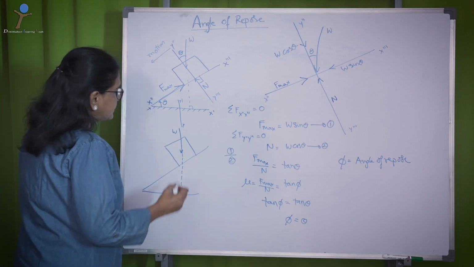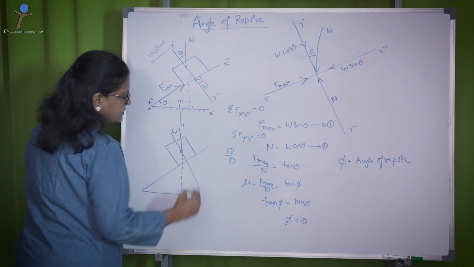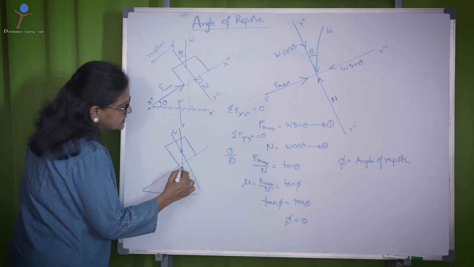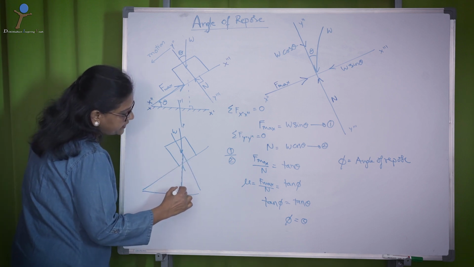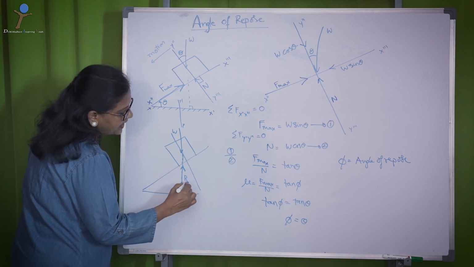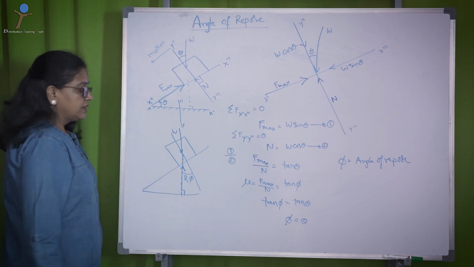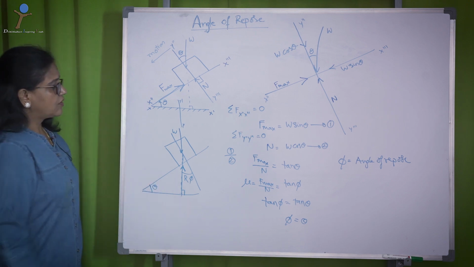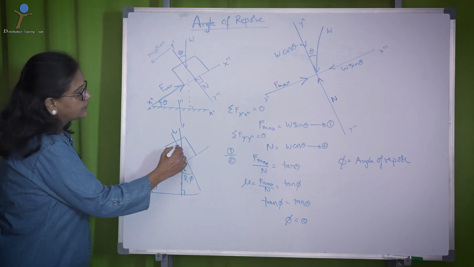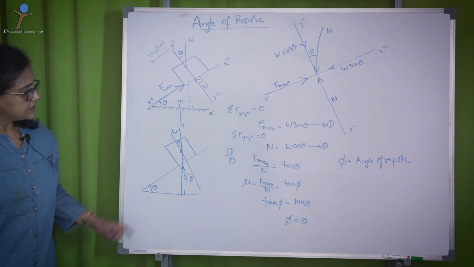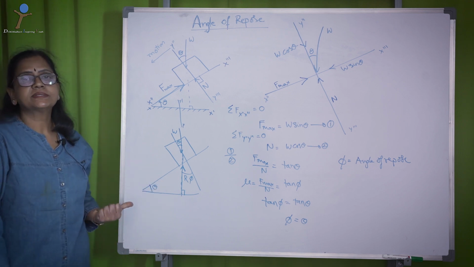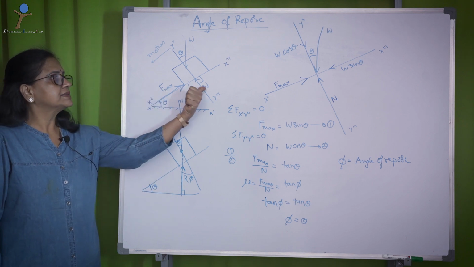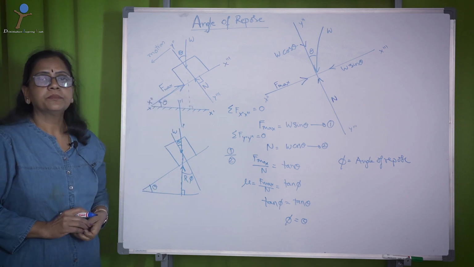Then the resultant of this acts as a collinear force on the same line of action at an angle of phi. So, this is another way of representing the resultant force, replacing F max and n for the problem.